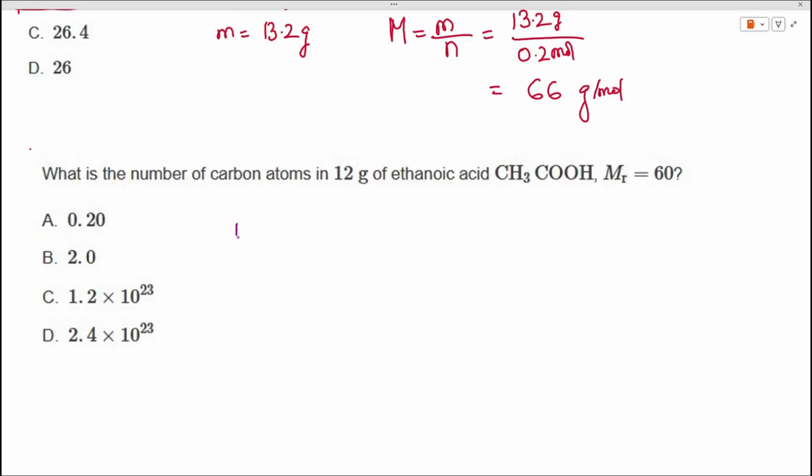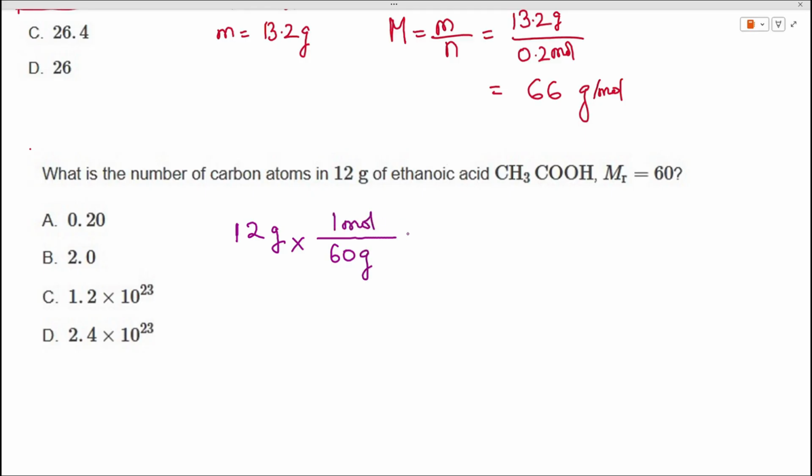This question says, what is the number of carbon atoms in 12 grams of ethanoic acid? So the mass of ethanoic acid is 12 grams, and to get rid of the grams, we need the molar mass, which is given to us. So we will say 60 grams is the mass of 1 mole.